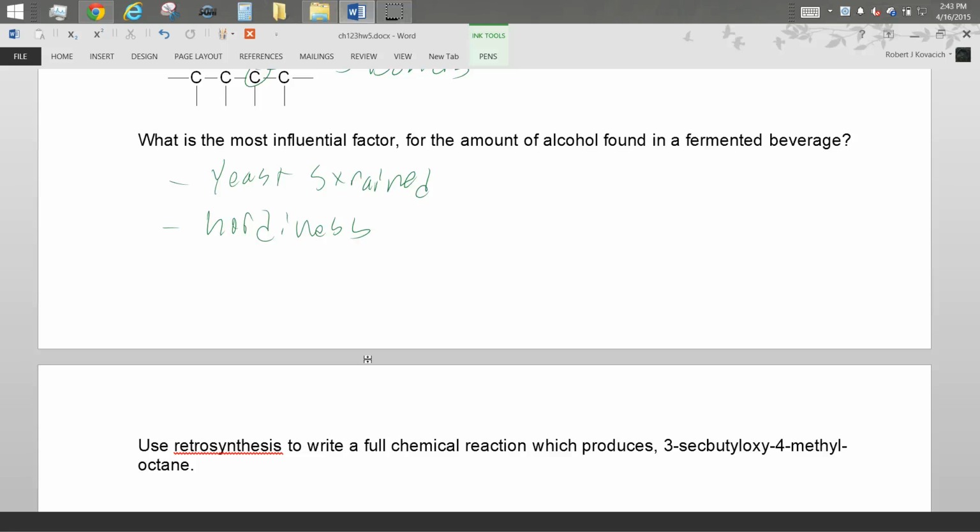Really bad wine has the alcohol that the yeast produced and then some extra alcohol that they throw in just to make it more alcoholic. So what are those referred to as? Cheap wines. They're fortified wine, of which Mad Dog is one.